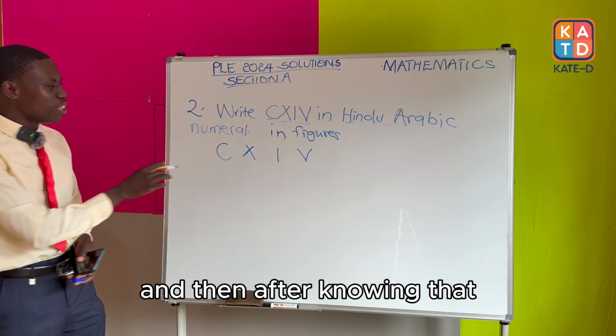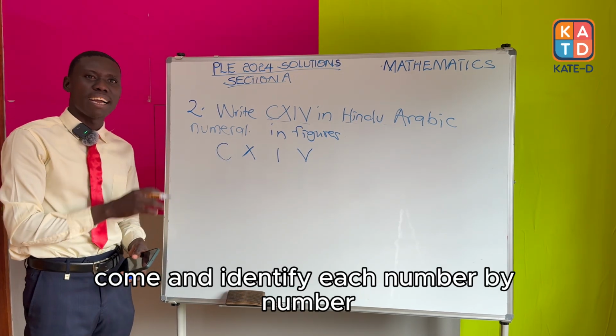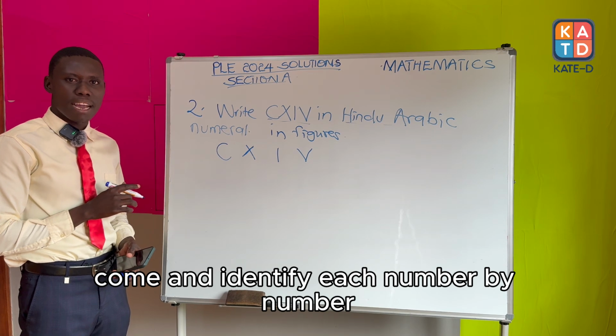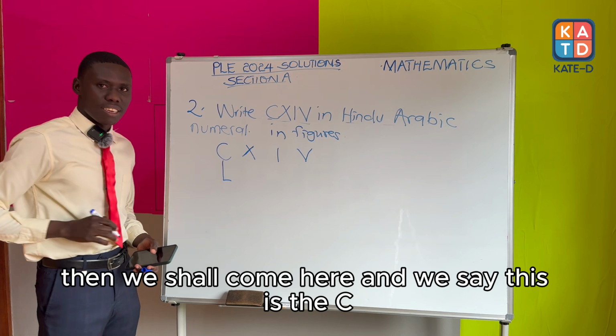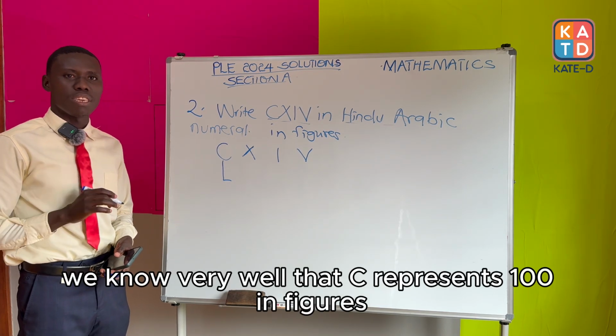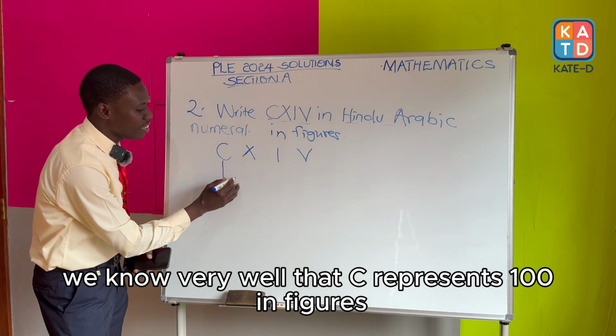And then, after knowing that, identify each numeral one by one. This is C. C represents 100 in figures.